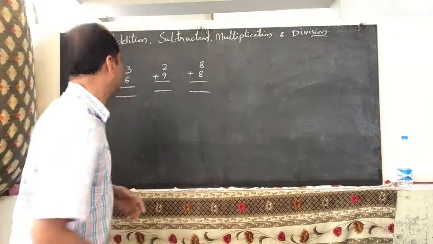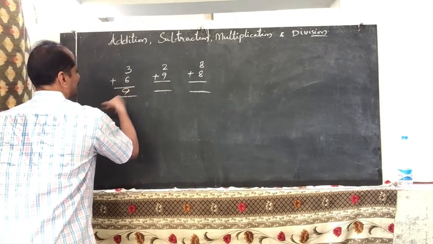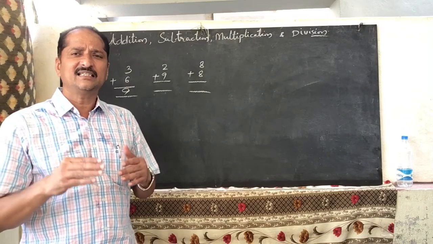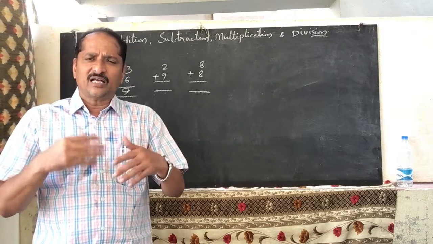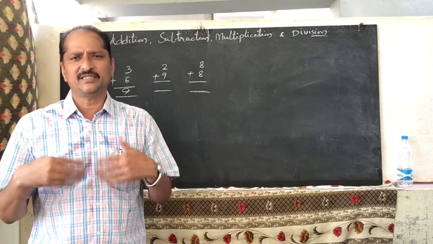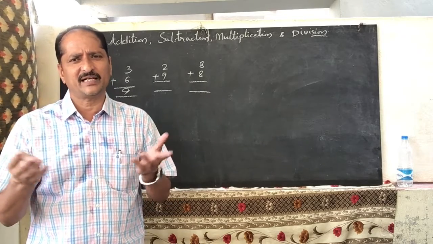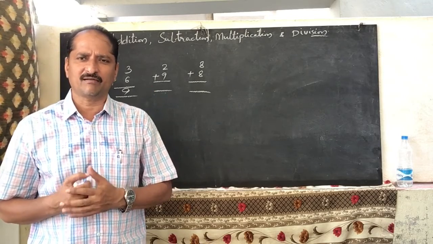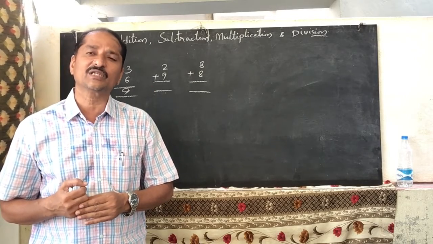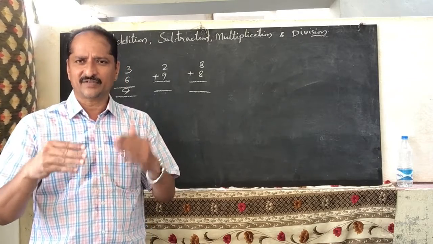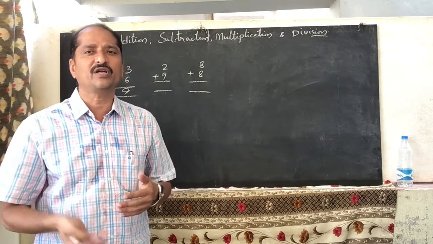So the total is 9. The sum is 9, or the total is 9. You can practice a number of questions like this. Any 2-digit numbers or any 1-digit numbers you can take and you will get it like this. These sums we can call without borrowing. In the next section, we can check with borrowing also.